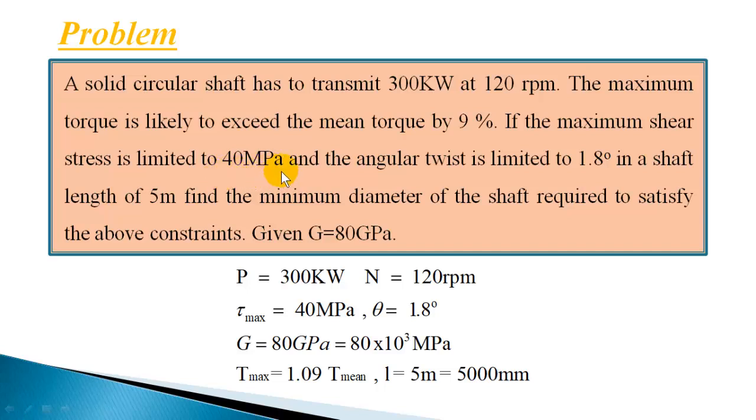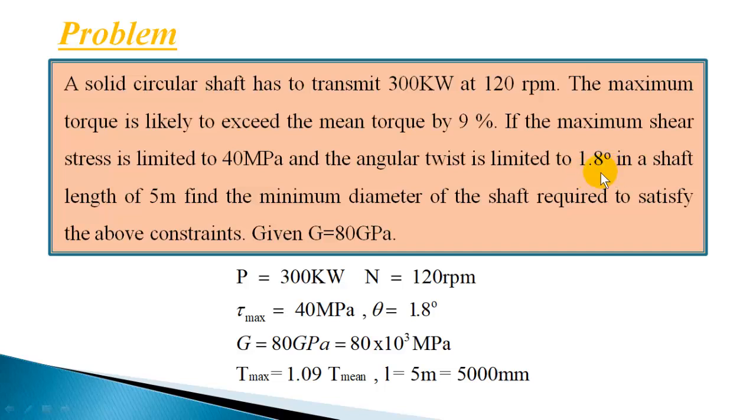Maximum value of shear stress is limited to 40 megapascal while transmitting this power, and also angular twist you should restrict to 1.8 degree in a shaft length of 5 meter. In every 5 meter, the angular twist should be 1.8 degree. In 10 meter, it can be 3.6 degree, but in 5 meter, you should restrict to 1.8 degree.